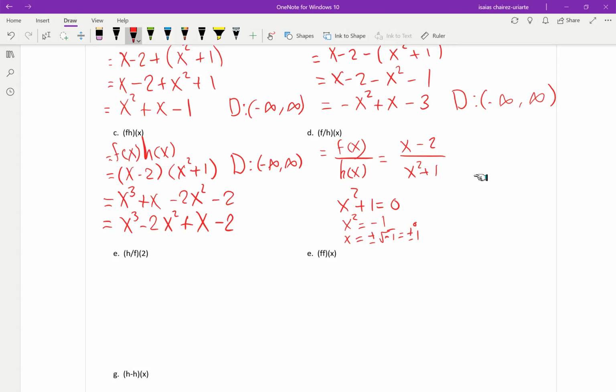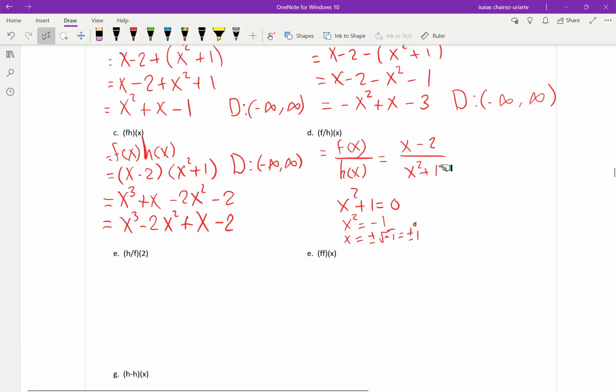So there's a pair of complex numbers that make our denominator equal to 0. But right now we're not interested in complex numbers. We are looking for real numbers that make the denominator 0.